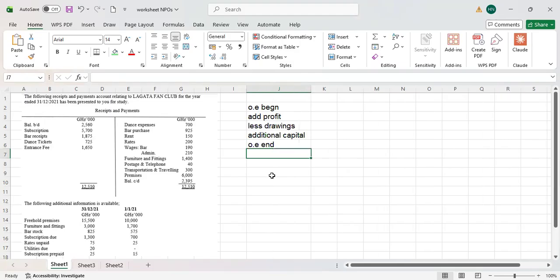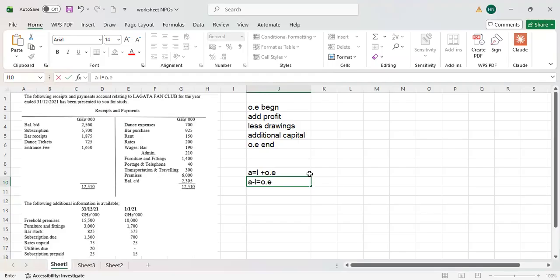So we said that for a non-profit organization, the accumulated fund is the same as the capital. We have our assets minus our liabilities will give us our owner's equity.